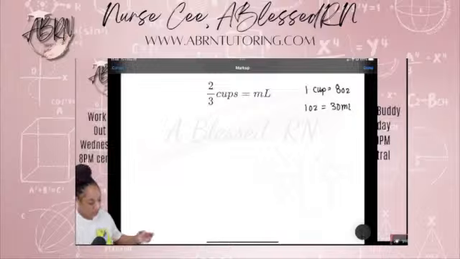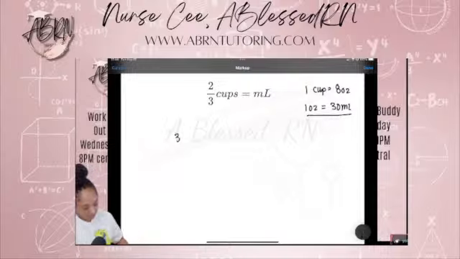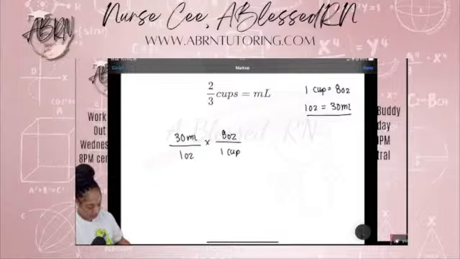Alrighty, so I'm going to start once again with what it is that I am looking for, which is this 30 ml over 1 ounce. And then I'll put my 8 ounces over 1 cup. Ounces cross out. Now I've got my cups, and I use my fraction, so 2/3 cups.